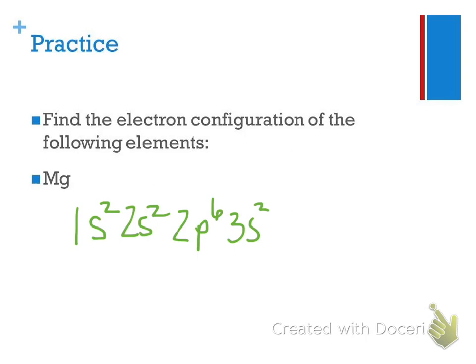So once you think you have it done, you need to add up your superscripts to make sure your electrons match. Okay, if they don't match, something went wrong. What is that line thing?